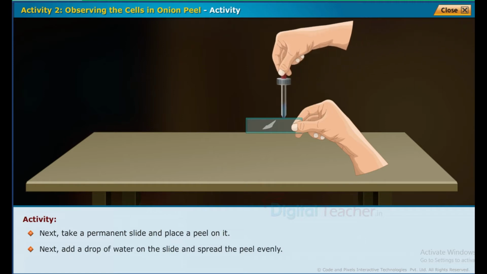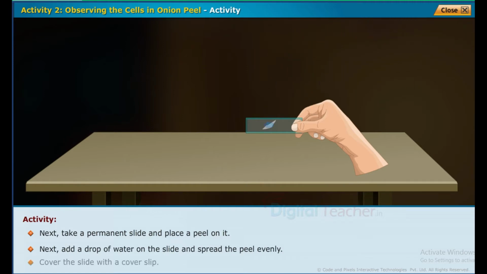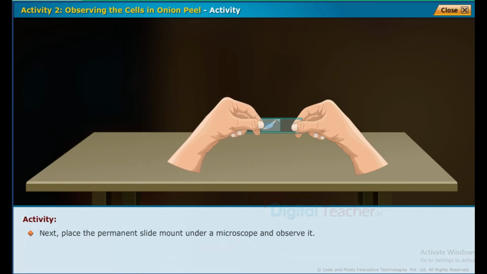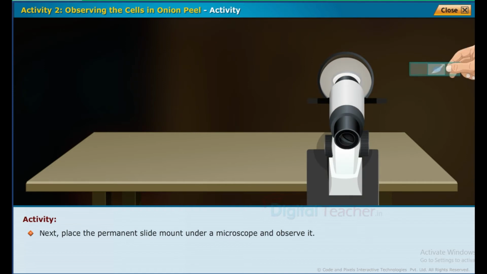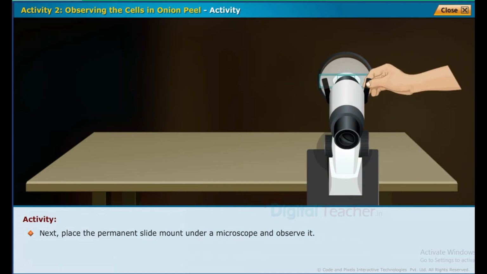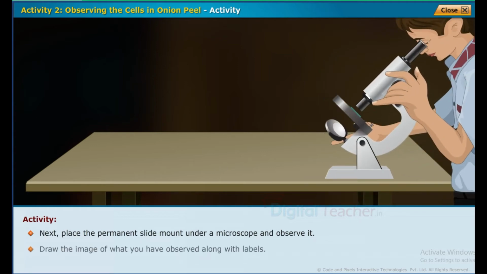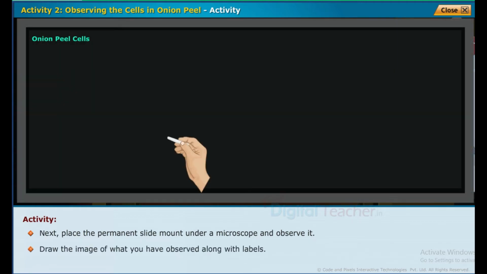Next, add a drop of water on the slide and spread the peel evenly. Cover the slide with a cover slip. Next, place the permanent slide mount under a microscope and observe it. Draw the image of what you have observed along with labels.